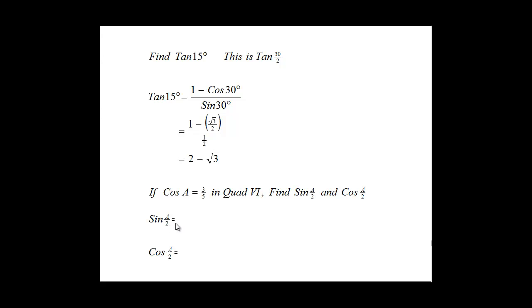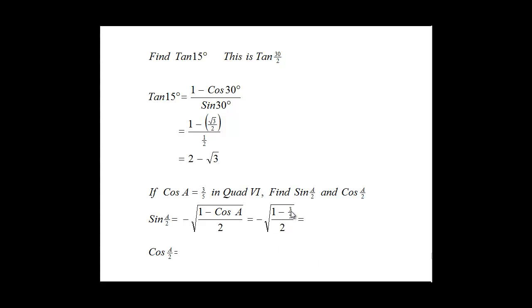Now, sine in the second quadrant is positive, so that's the positive square root. I think I typed that wrong. 1 minus cosine a over 2. If cosine is 3/5, you plug 3/5 in there.